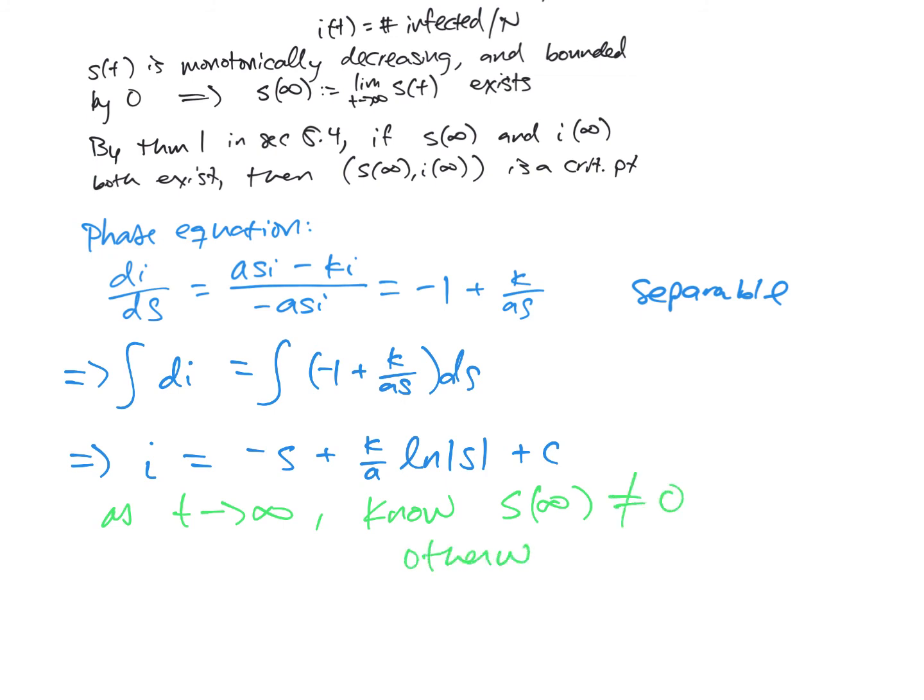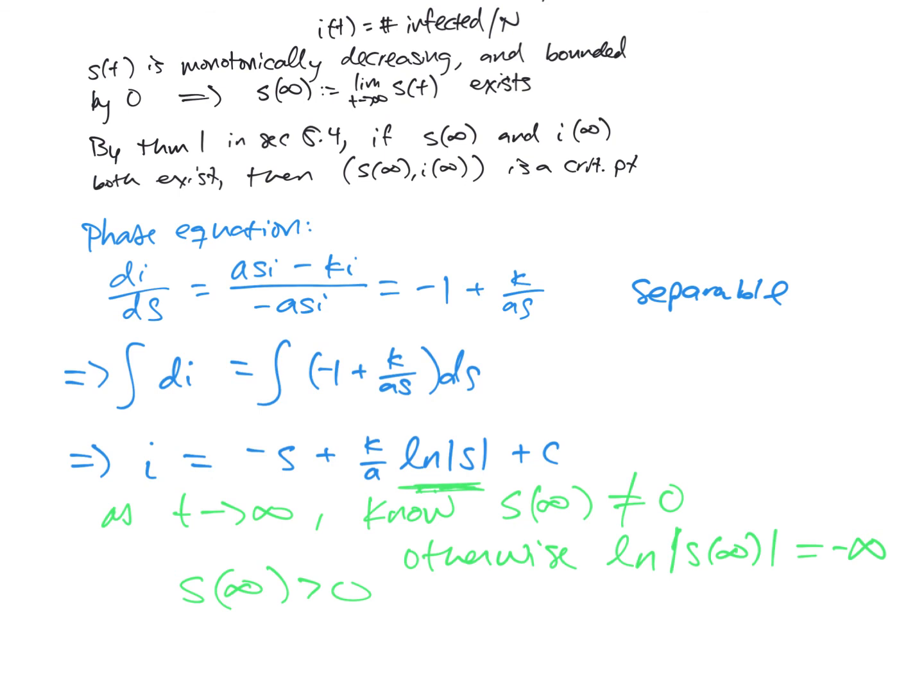Otherwise, ln of S infinity would be -infinity, right? So this term would go off to -infinity. So that's not good, okay? So then we have that S infinity is some positive number. If this ln term went off to -infinity, then your I would be negative, which we know we can't have.